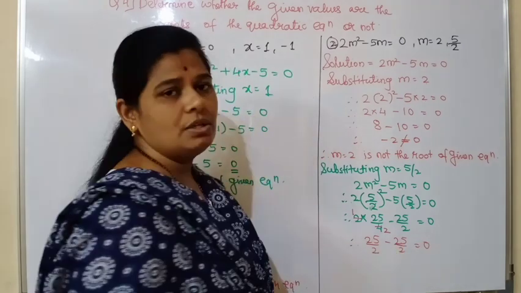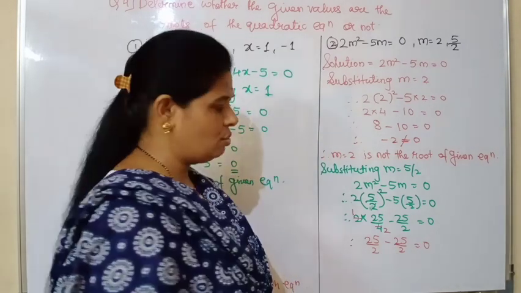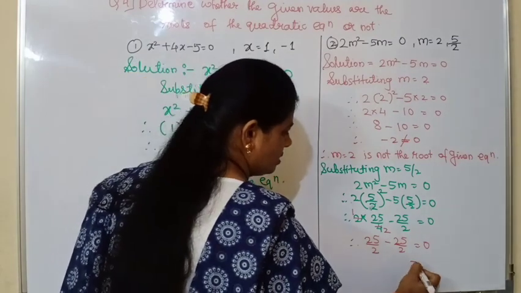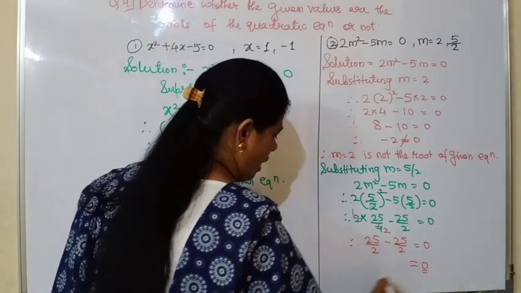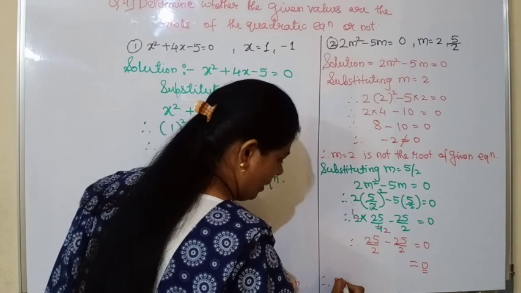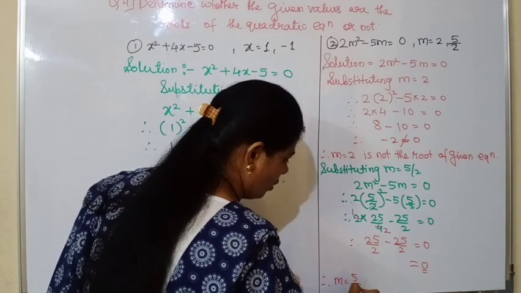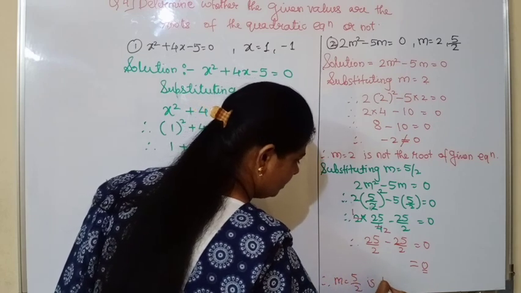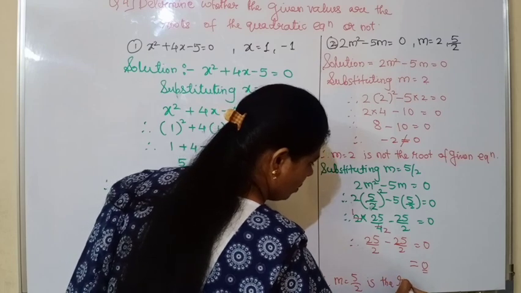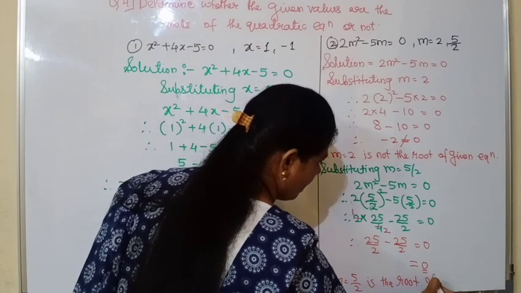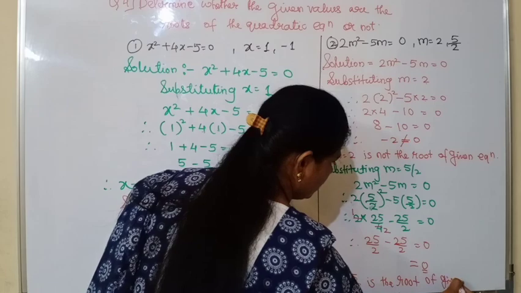When we subtract these two terms, we get the answer 0. And from this we can say that m equal to 5 upon 2 is the root of the given equation.